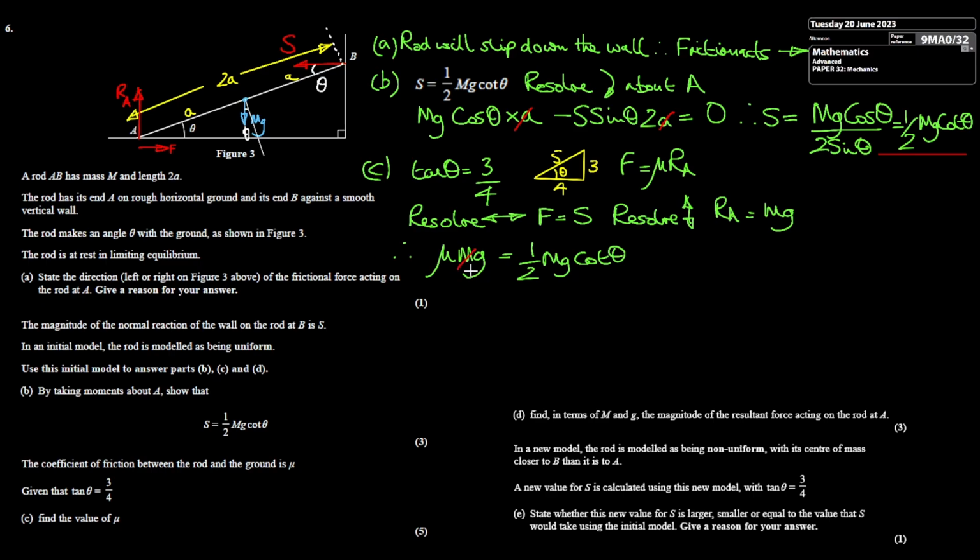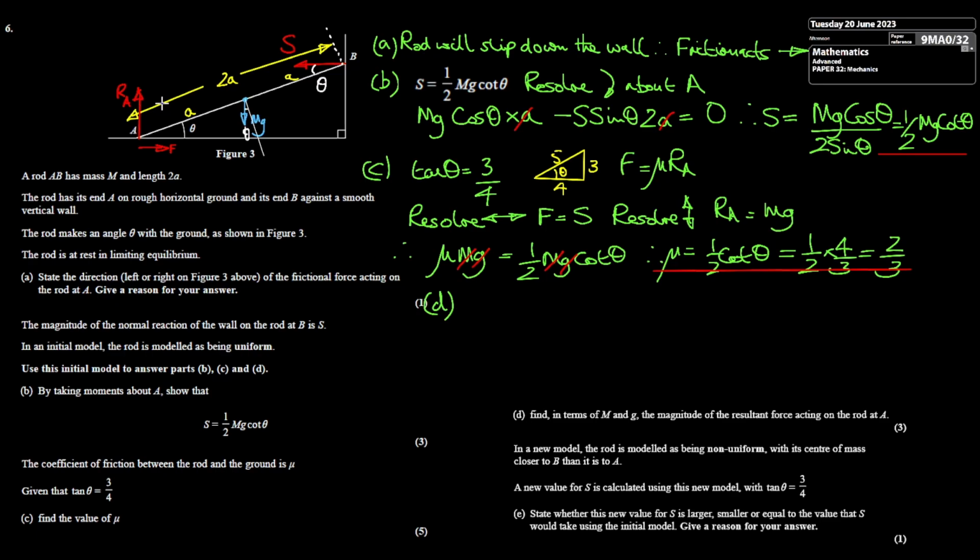Happily for us, the mg's cancel each other out, and I'm left with mu equal to a half cot theta. Cot theta is the upside down version of tan theta, so this is equal to a half multiplied by 4/3, which makes mu 2/3. And that's the answer to part C.